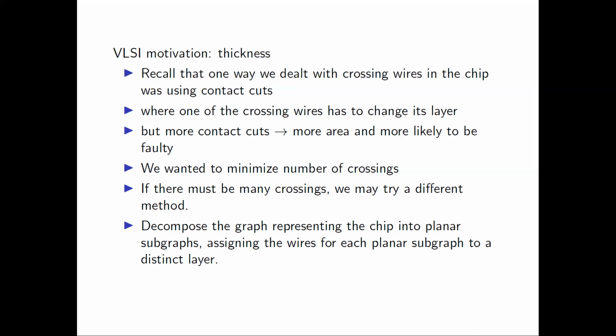So we're breaking up our circuit into multiple layers, and each layer gets a different planar subgraph. And naturally, we want to minimize the number of layers that we use. In other words, we want to minimize the number of planar subgraphs that we use. And so this is how we define the thickness.